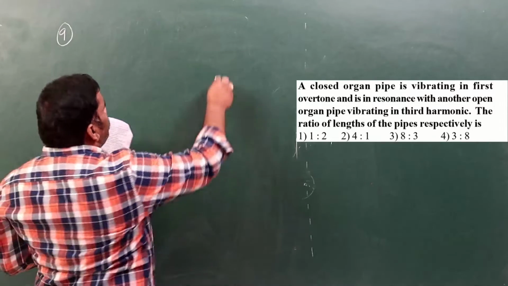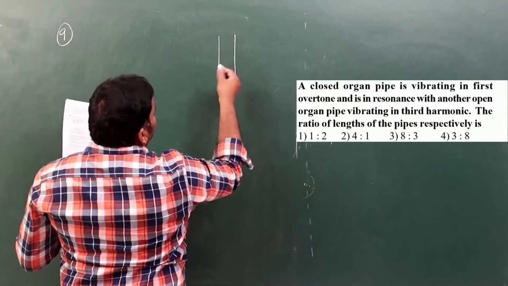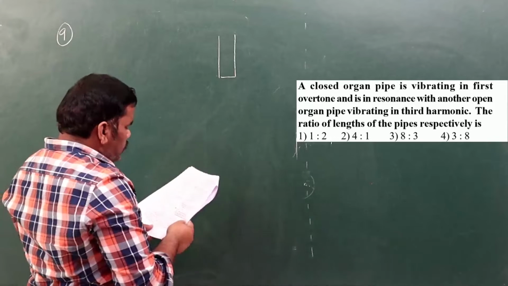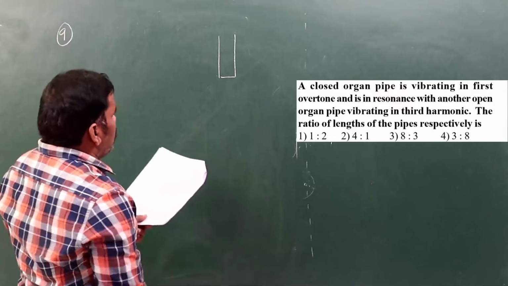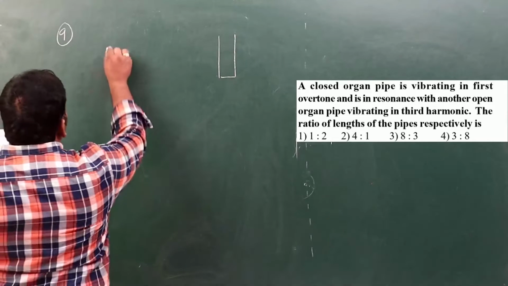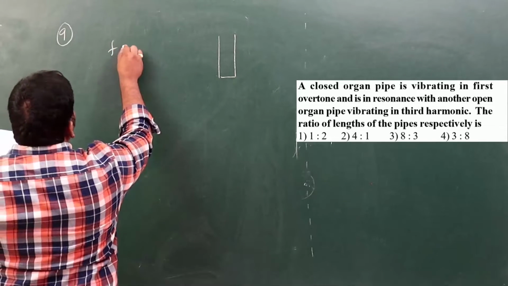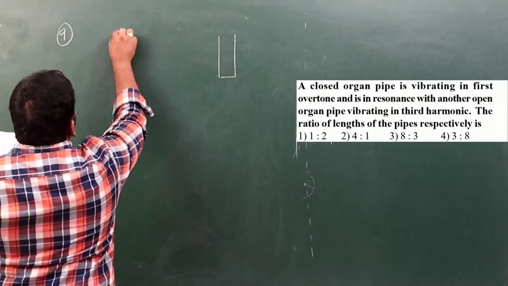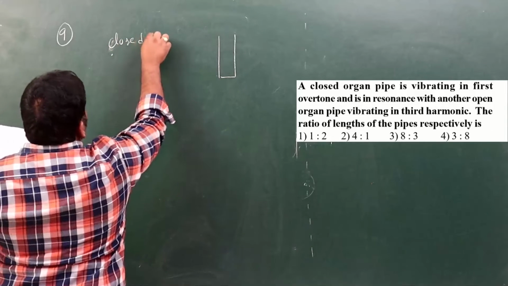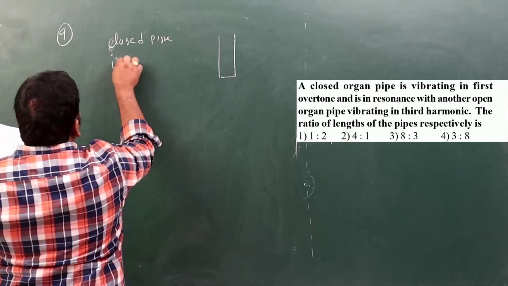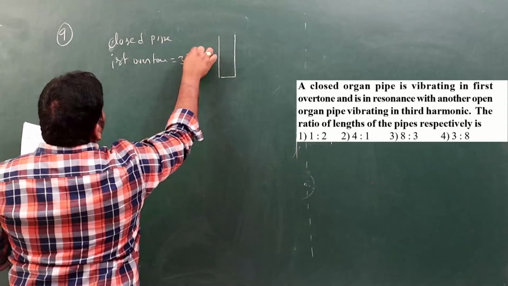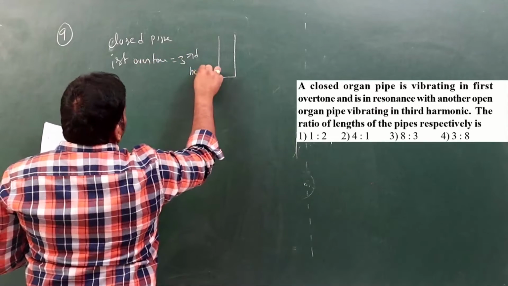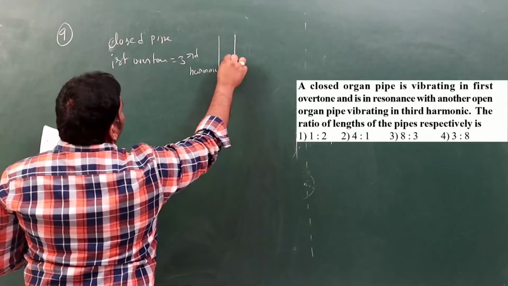The first one is a closed pipe. In a closed pipe, the first overtone is nothing but the third harmonic.